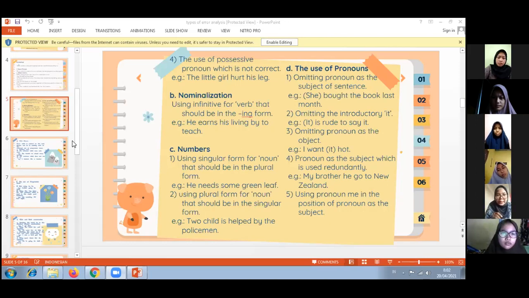Third, omitting pronoun as the object. For example, I want hot. Fourth, pronoun as a subject which is used redundantly. For example, my brother he go to New Zealand. Last is using pronoun me in the position of a pronoun as a subject.